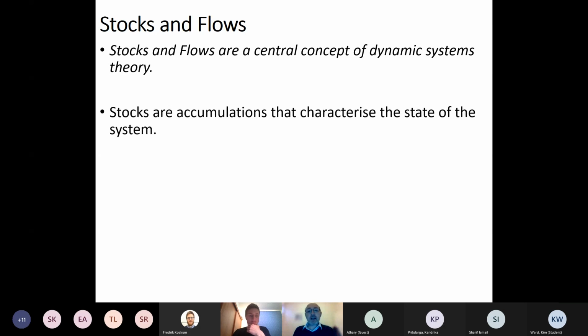Basically, there are accumulations that define the state of the system. So you can use a stock to represent a person. For example, we are stocks of feelings. We are a stock of knowledge. We are a stock of calories.